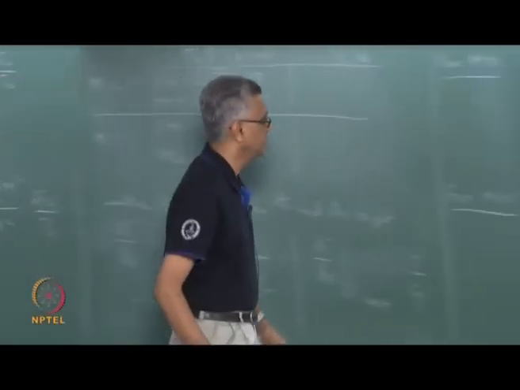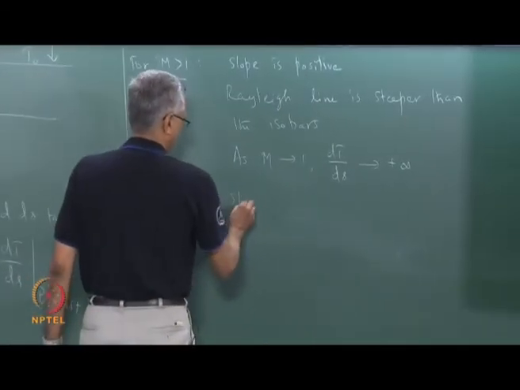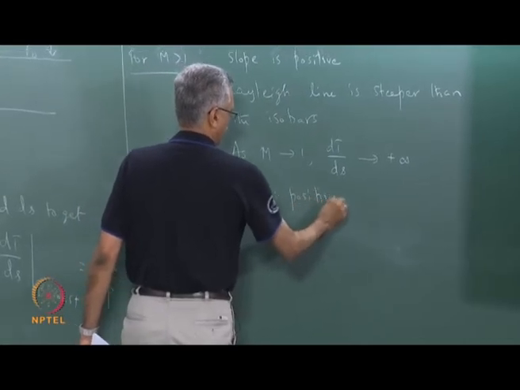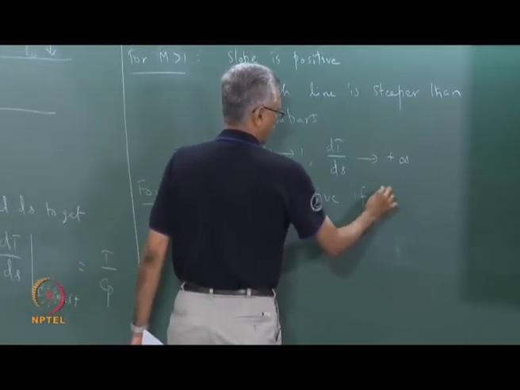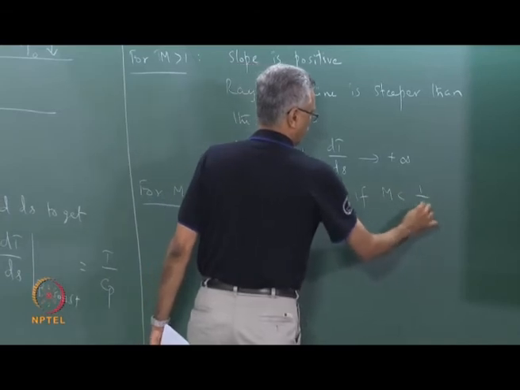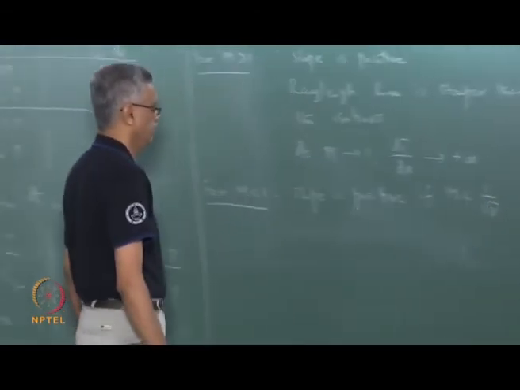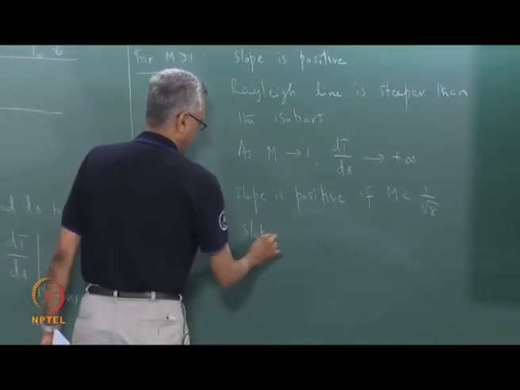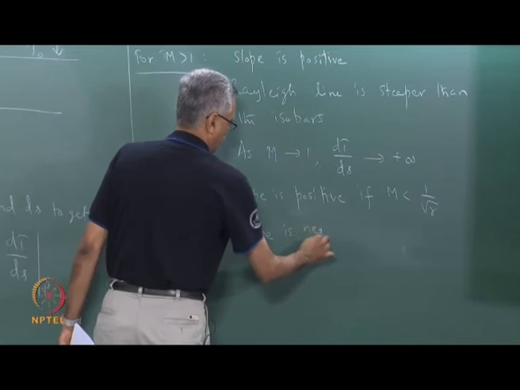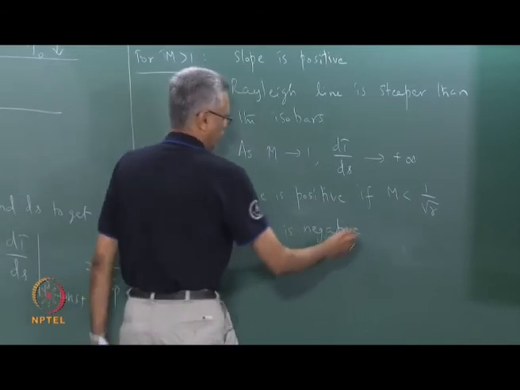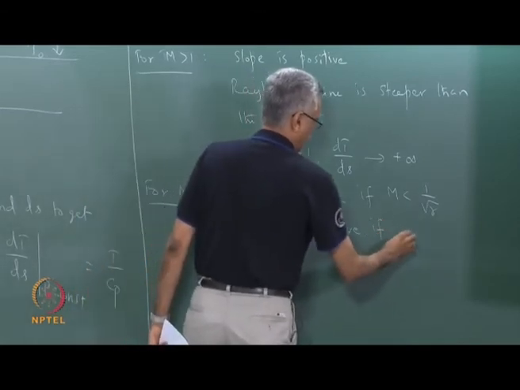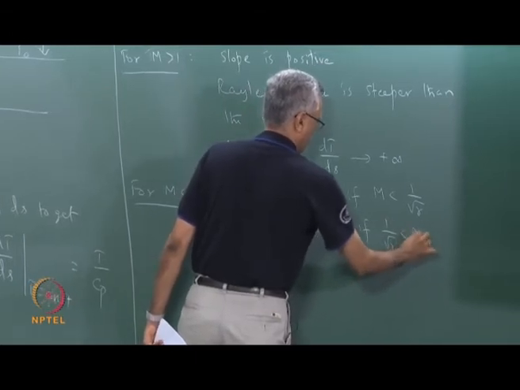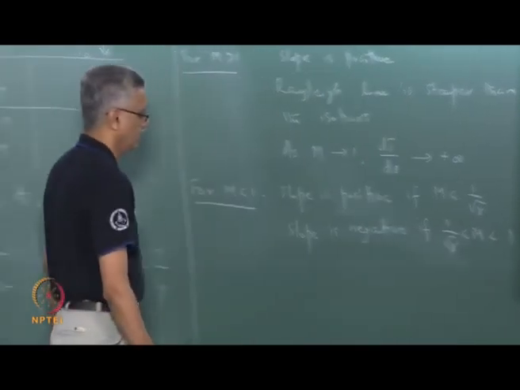So, let us write it down. Slope is positive if the Mach number is less than 1 over square root of gamma, and the slope is negative if the Mach number lies between 1 over square root of gamma and 1.